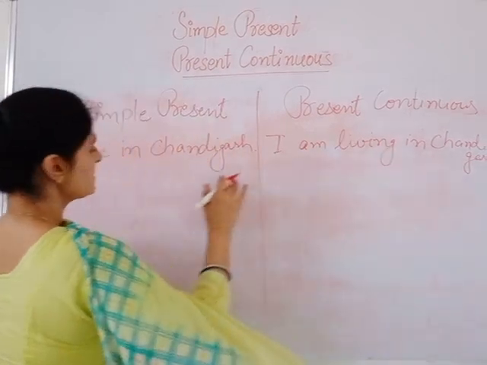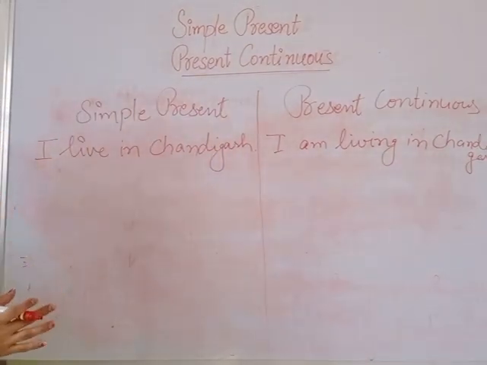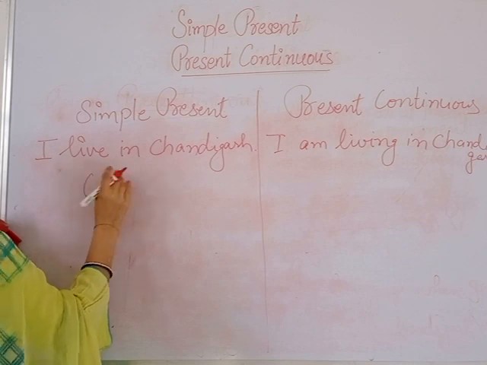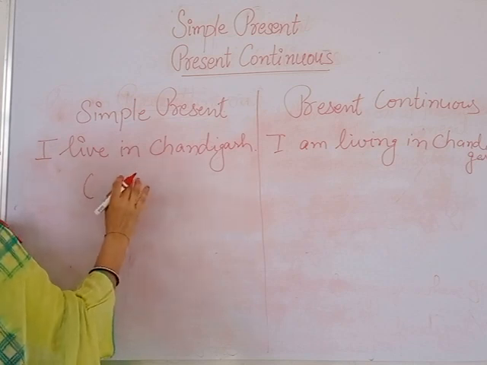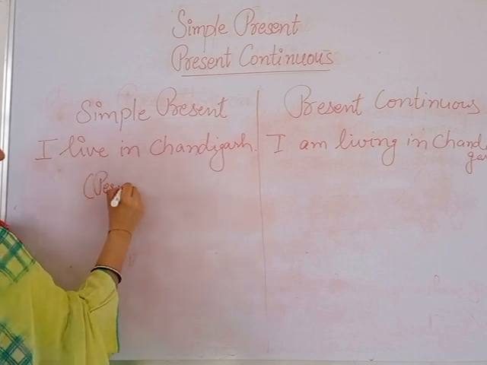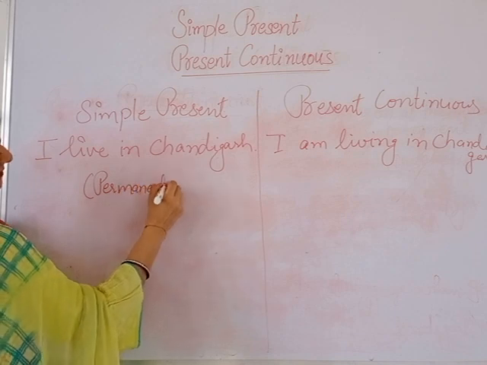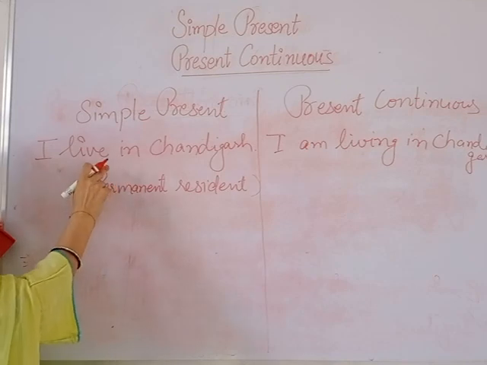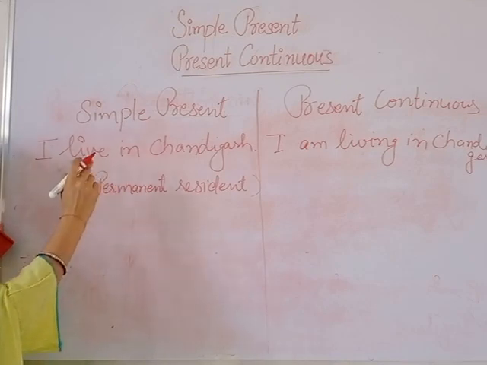Most of the students take the meaning as equal, but it is not equal in its meaning. I live in Chandigarh means that you are the permanent resident of Chandigarh. Means your home is in Chandigarh.